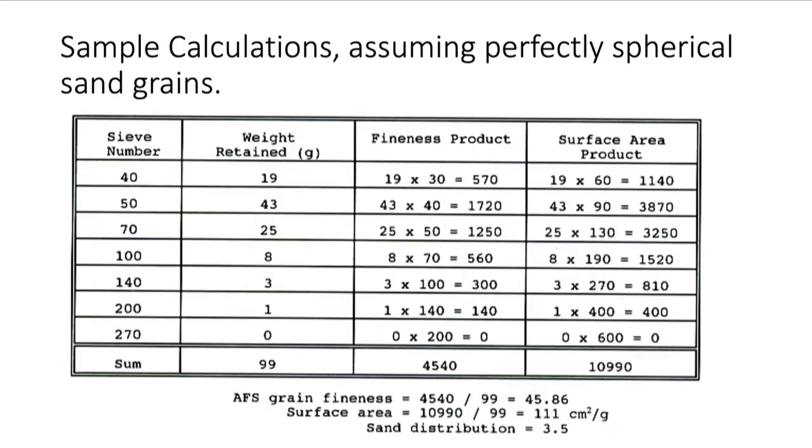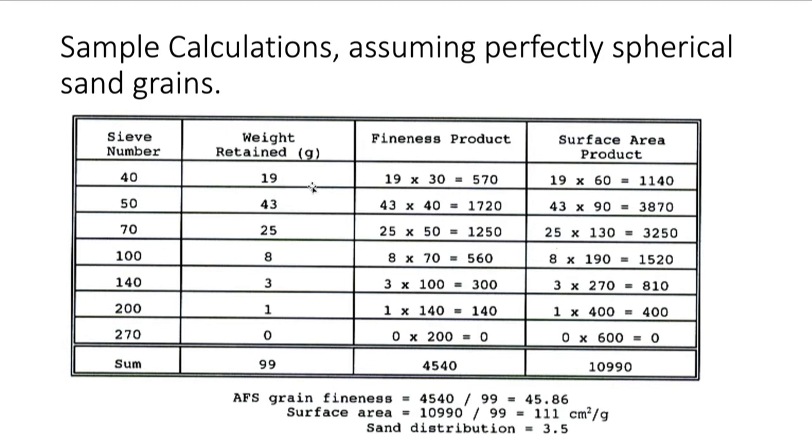So here's a sample calculation. We have these sieve numbers. A lot of times you don't have sand that lands on some of those really coarse ones. Some of them are only like 5 or 6 openings per square inch, so it's a big grid, with quarter-inch openings or something. So no sand typically stays on those. But here we have sieve number 40 with 19 grams, so we would count that.